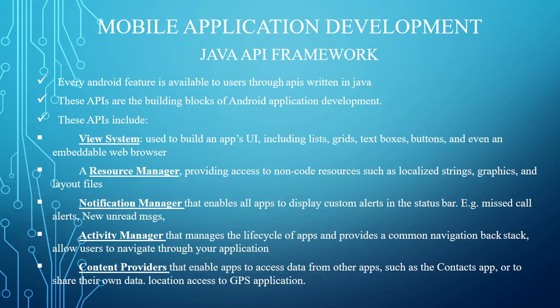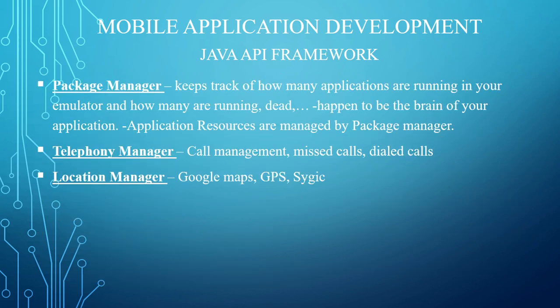For example, WhatsApp needs contact details. The Contacts application shares the contact details with WhatsApp. And that's a typical example. We have Package Manager, which tracks how many applications are running, how many are dead. It happens to be the brain of your application.